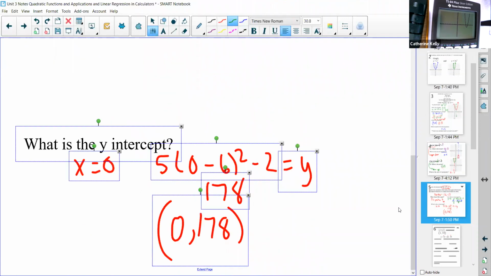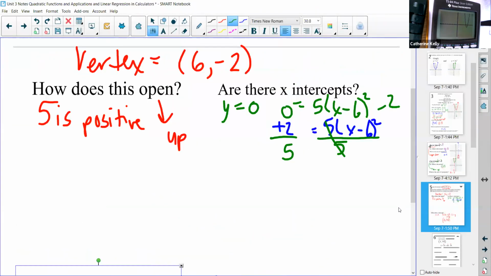I'm going to divide by 5 to get rid of this here on this side. When I divide by 5, I'm going to do 2 divided by 5 in my calculator, just so that I can get a decimal, because it's probably going to be easier to work with than a fraction. So I have 0.4 equals (x minus 6) squared.